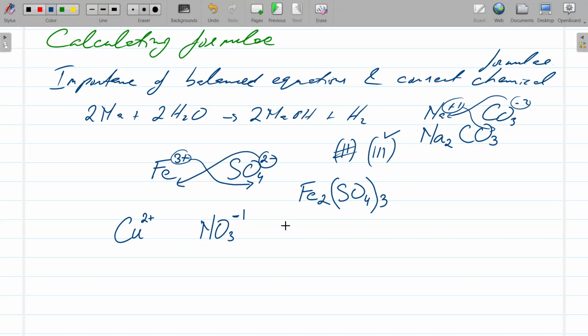We write Cu, and put a bracket, and then nitrate, NO3, and then 2 after the bracket. Good. Copper 2 nitrate.